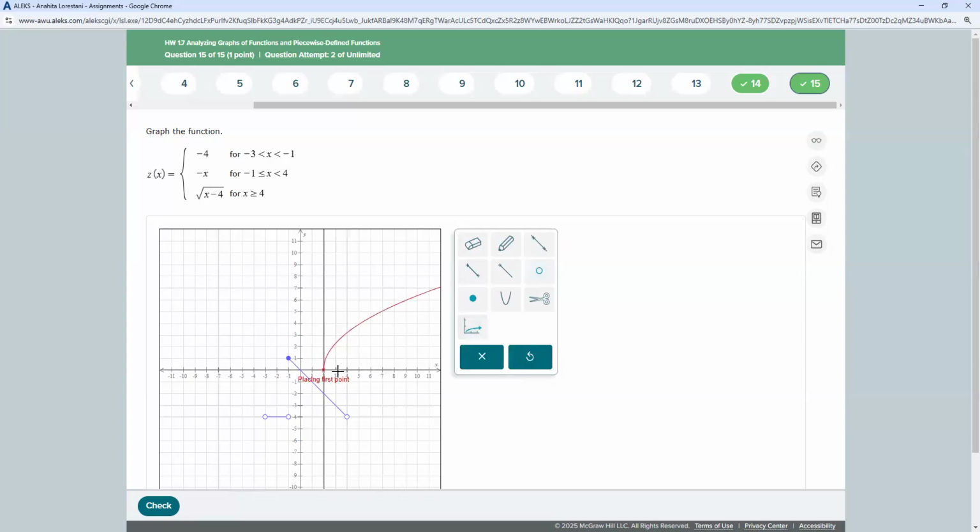You already know when x is 4, y is 0. That's one of your points. When x is 5, y is 1. That is your second point. You also have to decide about this endpoint, whether it should be hollow or solid. So because of that equal sign, we have to grab solid and then check your work.